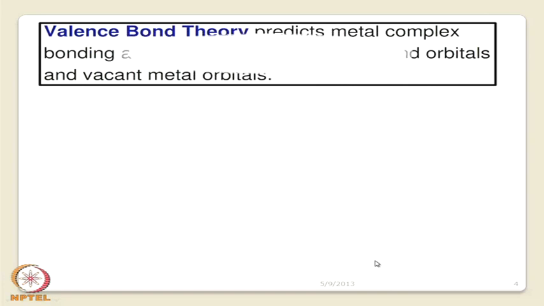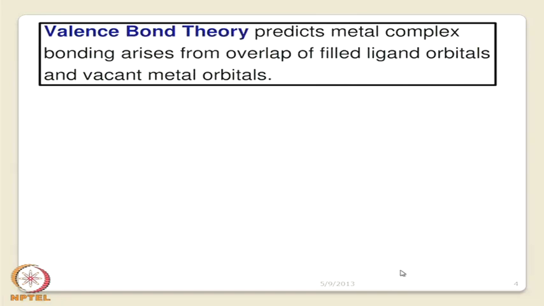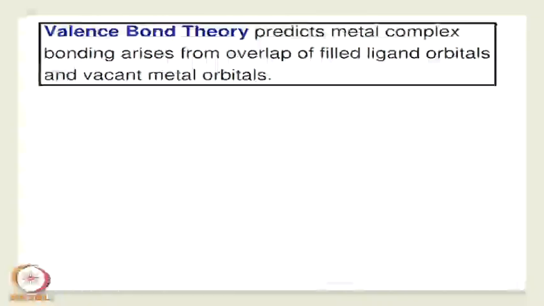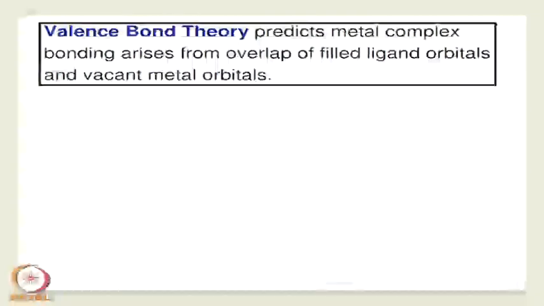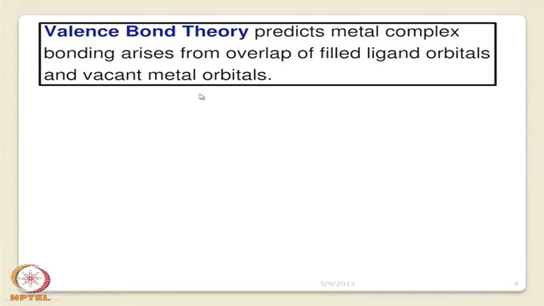So, this valence bond theory predicts the metal complex bonding which arises from overlap of filled ligand orbitals and vacant metal orbitals. These hybridized orbitals that are forming, like sp3 or d2sp3 or sp3d2 type, are all vacant. So, they are the hybridized vacant metal orbitals.